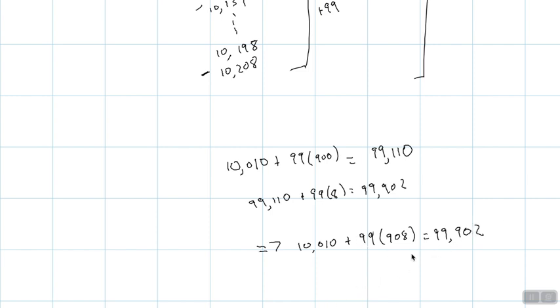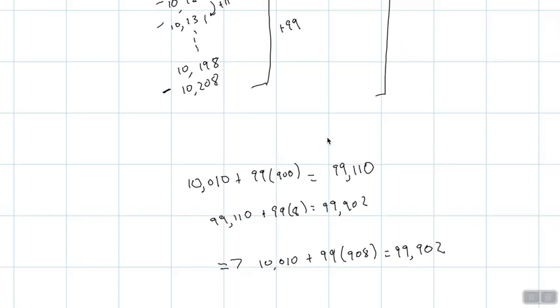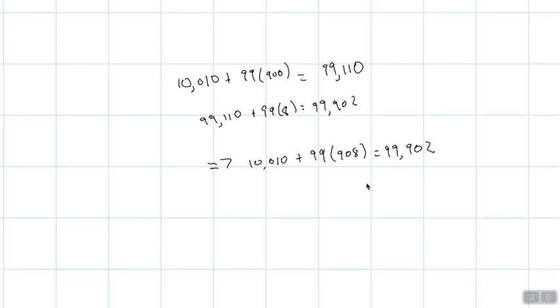So why does this matter to us? Well, we found that every time we add 99, we get 9 more values of n such that q plus r is divisible by 11. Since each time we're adding 99, we're doing that 908 times. Then when we get up to 99,902, we have 9 times 908.